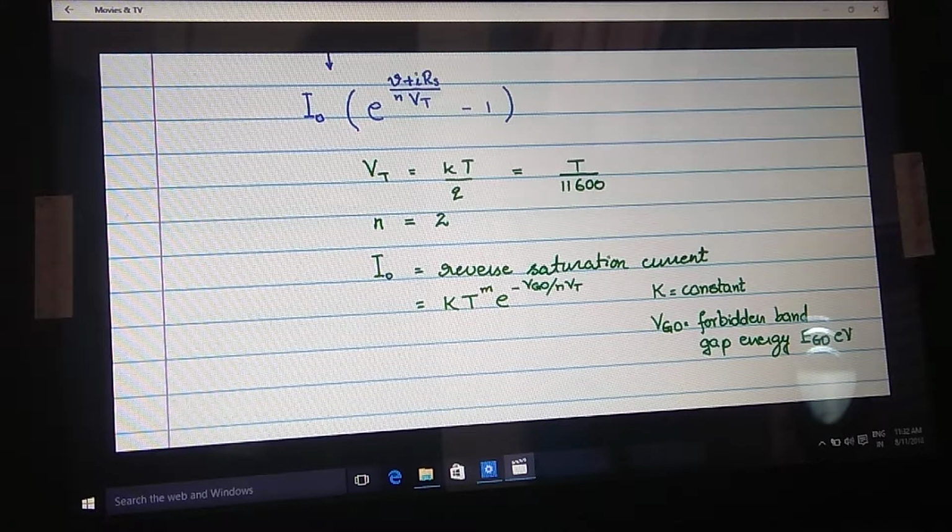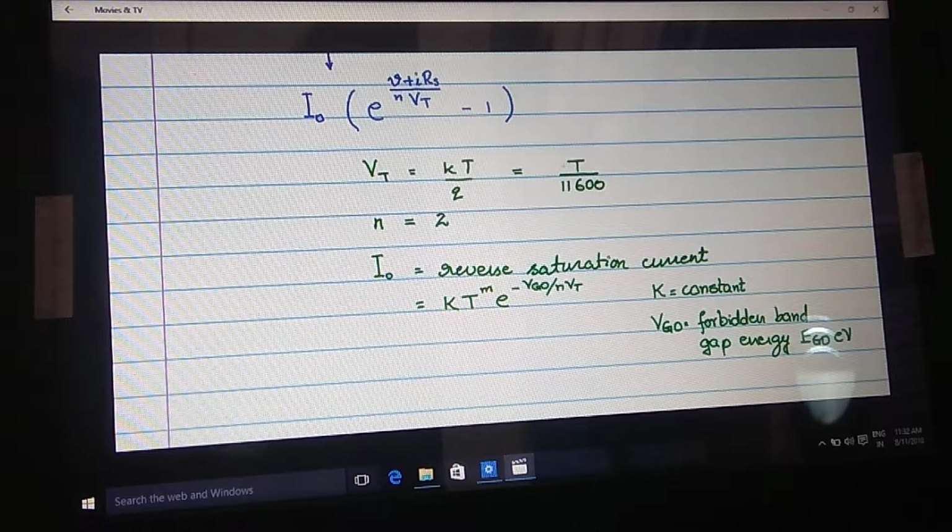So this is again a numerical value which will come in there. VT of course is known, which is same as written above, T by 11,600. N again is 2 for silicon. T is the temperature in degree Kelvin.